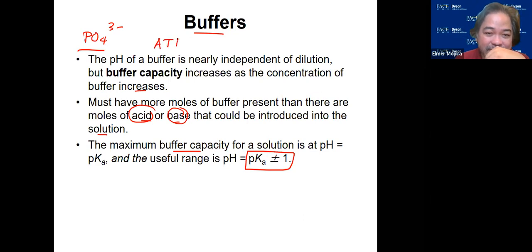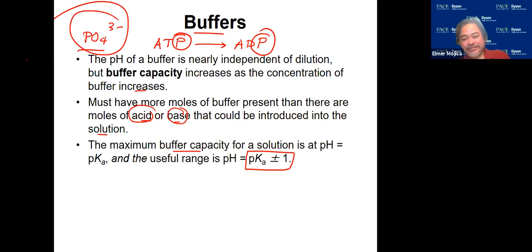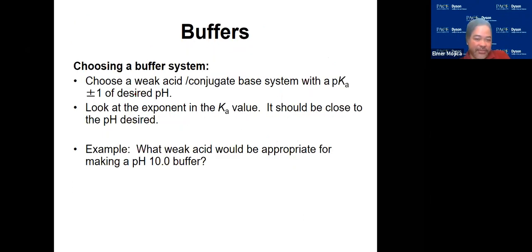And then I asked you about biology, because in biology you have learned about ATP, ADP. And the P there represents phosphate. Okay? And if you have a pH 10, I think the buffer that you use there is the carbonate bicarbonate buffer. So if you're going to choose a buffer system, you choose a weak acid or conjugate base system with a pKa plus or minus 1 of the desired pH, and you look at the exponent in the Ka value.